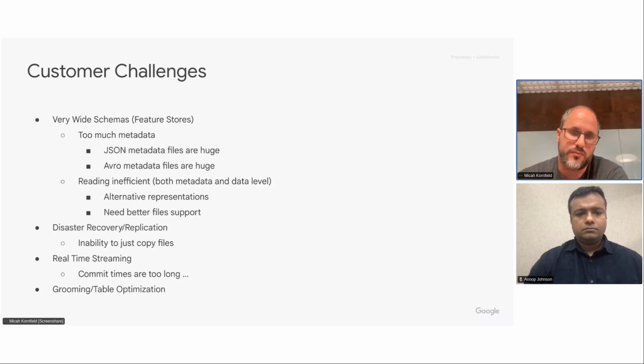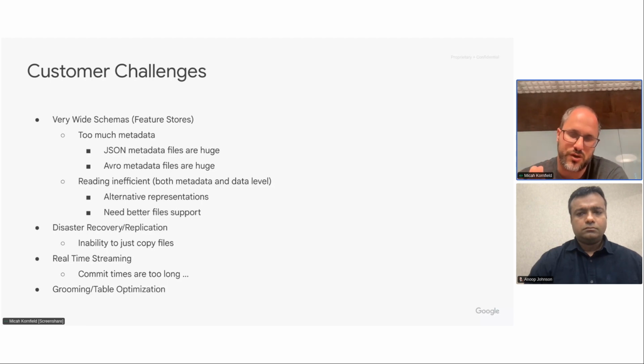And then in addition to the metadata level reads, data level reads are also slow, just because things like Parquet can have high overhead for projections when projecting out columns, because you have to parse the entire footer.